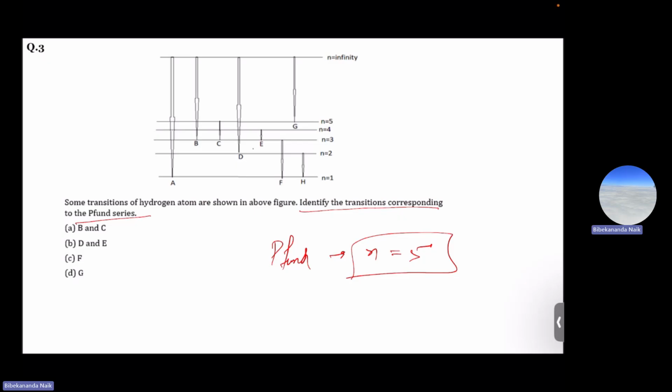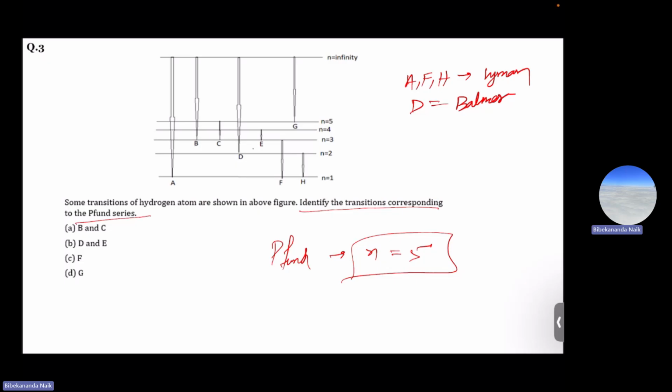So now see, from n equals 1, this is A, F and H. So A, F and H, this corresponds to Lyman. Then for n equals 2, D, sorry. So D is Balmer.